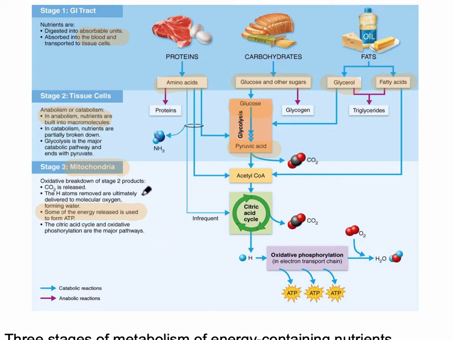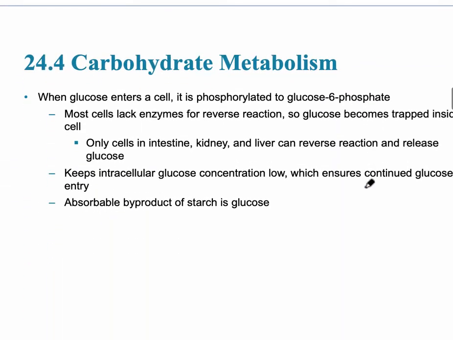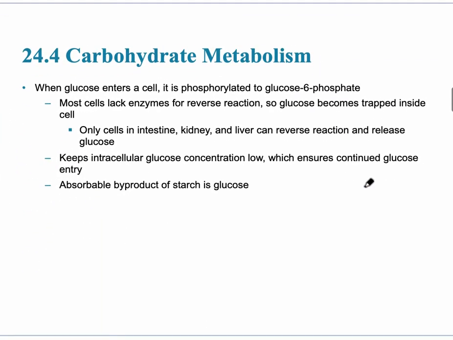So in the mitochondria, there's two metabolic pathways that happen. There's the citric acid cycle, and then there's one called oxidative phosphorylation. But the end result is a whole lot of ATP, which is now utilized to carry out many processes throughout the body.